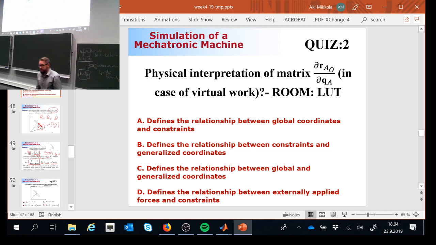Okay, so the question is, again, let me explain what the options are. Defines the relationship between the global coordinates and constraints. Defines the relationship between the constraints and generalized coordinates. So the first 2 options are related to constraints. Then defines the relationship between the global and generalized coordinates, and defines the relationship between externally applied forces and constraints.